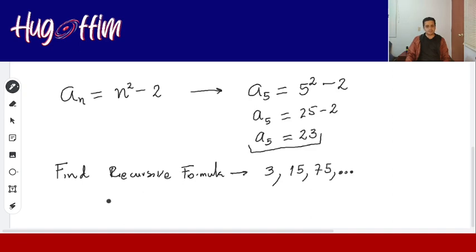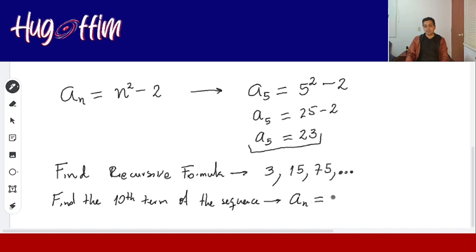Okay? And find the 10th term of the sequence. Let's say that the sequence is a sub n equals 2n minus 1. I leave you with these two options, so I recommend you to solve it, write in the comments how you did it, write how you found the recursive formula and the 10th term of this sequence.